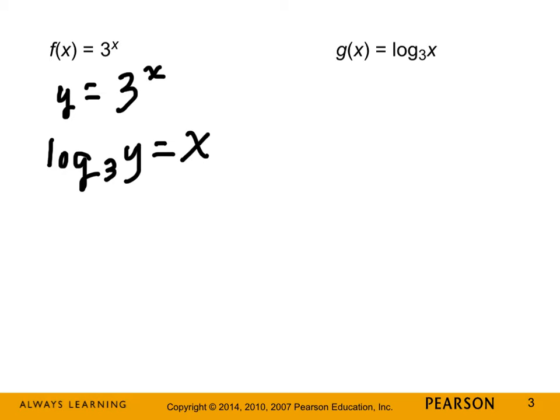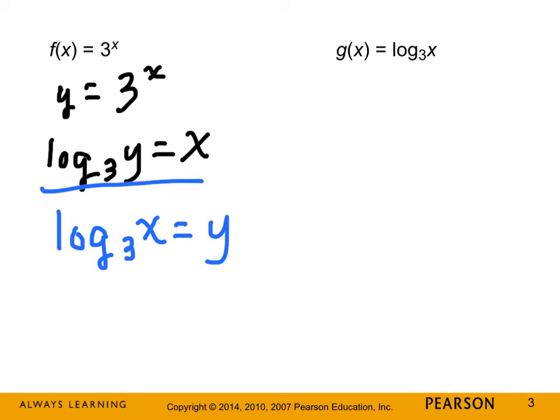Okay, but on the last slide I said something about g of x equals log base 3 of x being the inverse function. Well, how do we write the inverse function of this? Log base 3 of y equals x. Well, first you switch the x and y's, and then you solve for y. So first, switching the x and the y, I'll have log base 3 of x equals y.